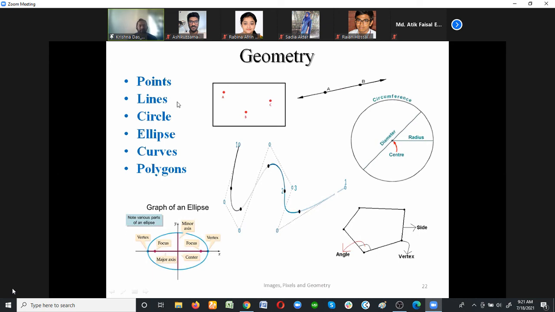For line drawing, the first one is the DDA algorithm, short for digital differential analyzer, and another is Bresenham's line drawing algorithm. For the circle, we are going to use the midpoint circle algorithm.